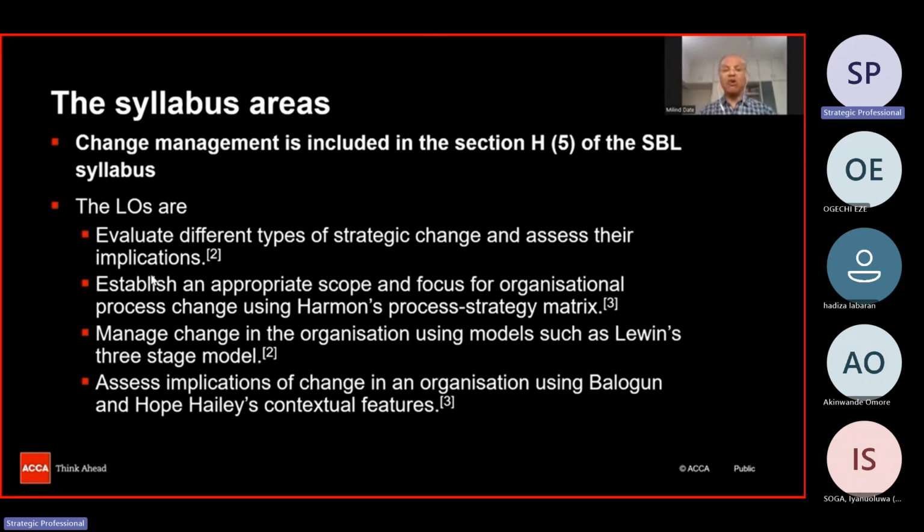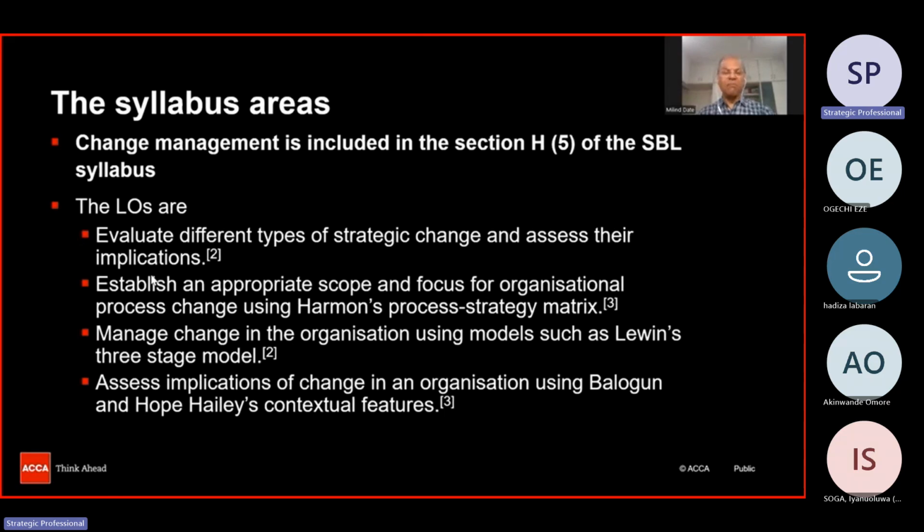Obviously, these models need not be mentioned by you in answering your tasks, because you don't get any credit for that, and the examining team has made it very clear. But you need to understand these models and use them to structure your answer in the most professional manner, because you are taking a strategic professional exam like SBL.